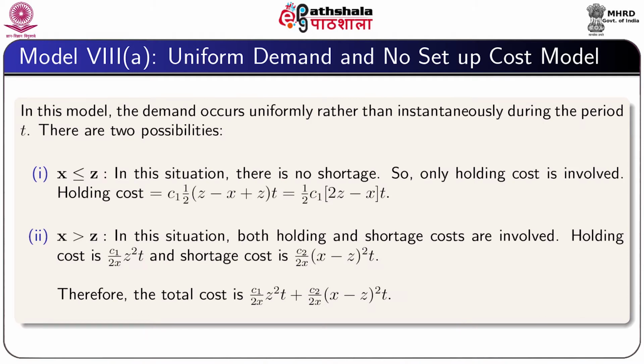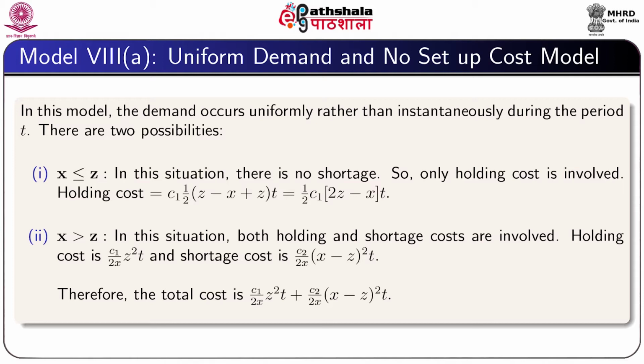In this model, the demand occurs uniformly rather than instantaneously during the period T. Therefore, we have two possibilities. As we have mentioned, X is less than or equal to Z or X is greater than Z. In case X is less than or equal to Z, there is no shortage, only inventory.